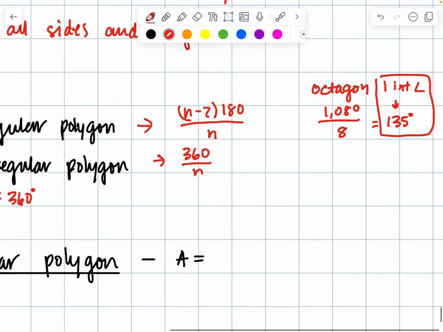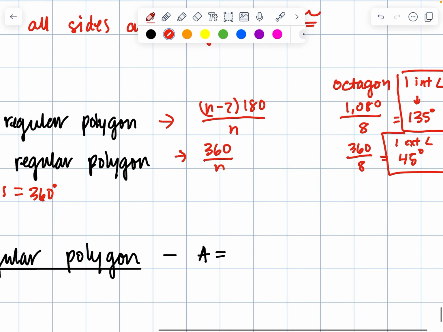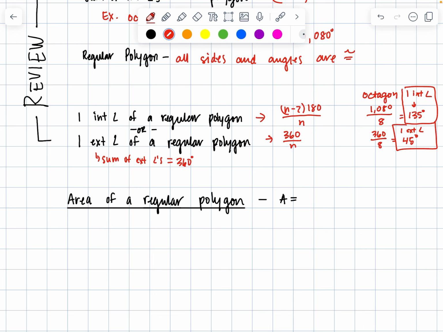So in this octagon example, we take 360 degrees, divide it by 8, and we get an angle measure of 45. This is one exterior angle. The interior and exterior angles are not congruent, they're supplementary. So 135 plus 45 is 180. That is a good recall: interior angles and exterior angles are supplementary.